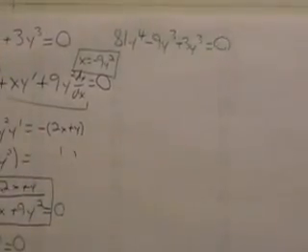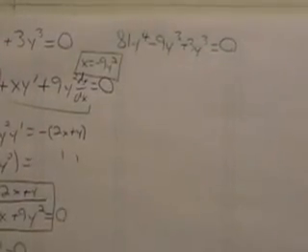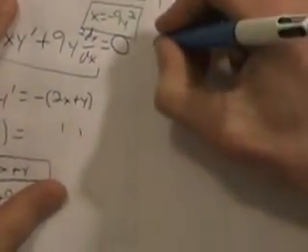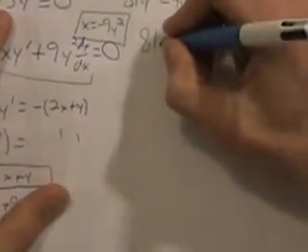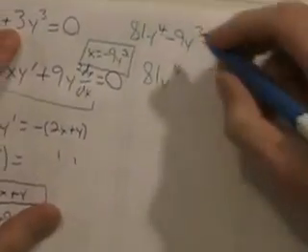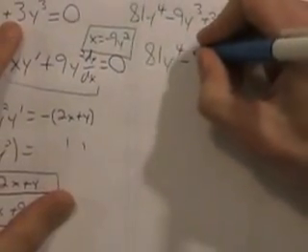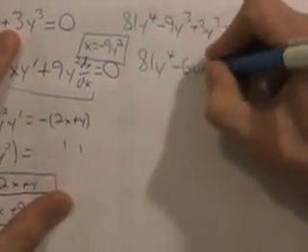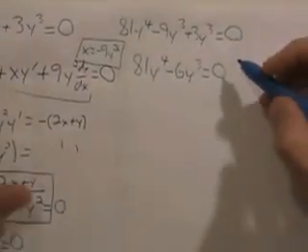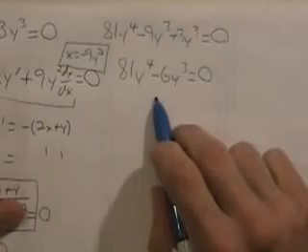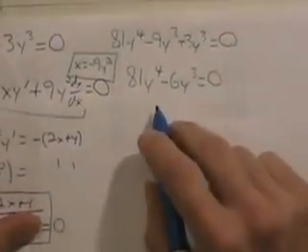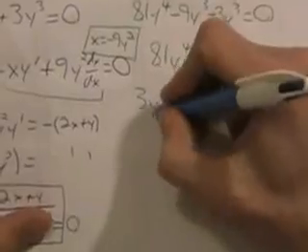So we eliminate x, and we get an equation for y. Can we solve this? Collect the like terms: you've got 81y to the fourth, plus 3y cubed minus 9y cubed is minus 6y cubed, equals 0. And we can solve this by factoring it out. What can come out of this? 81 is 9 squared, this has a 3 in it, so we'll take out a 3y squared.